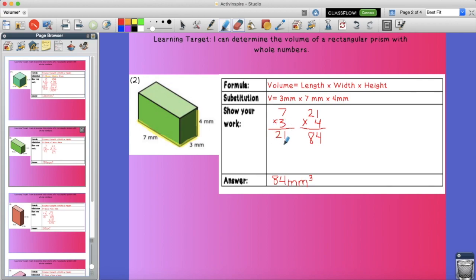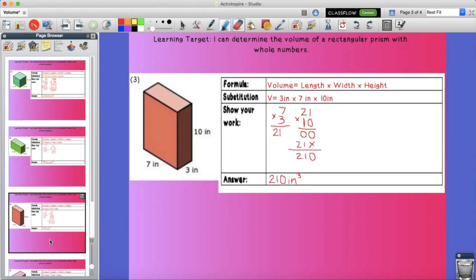I'm going to take the product of the length and the width, which is 21, and multiply that by 4, which represents the height, and I'm going to get 84. So it's 84 millimeters cubed. Remember, you must cube your answers in volume because you are finding the volume of 3D shapes and multiplying 3 dimensions.